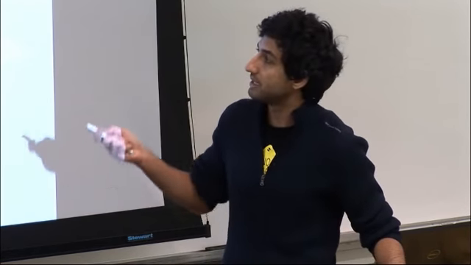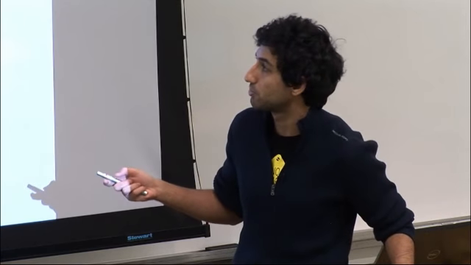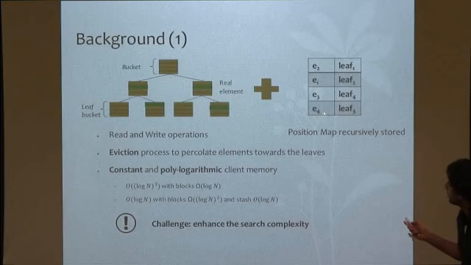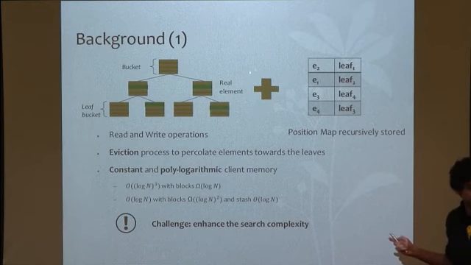The trick proposed by the LNG paper, because this scheme was proposed by LNG and colleagues in 2011, is to store this position map recursively. They create small ORAMs whose number of leaves increases exponentially every time.